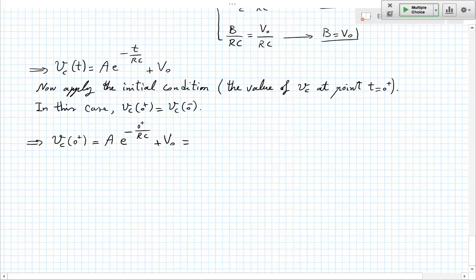What is the exponential of minus 0? It's the exponential of 0. What's the exponential of 0? 1. So that's simply A plus V naught. And because this was the same as Vc of 0 minus in this case, A is simply Vc of 0 minus minus V naught. So there you go. The solution is complete.